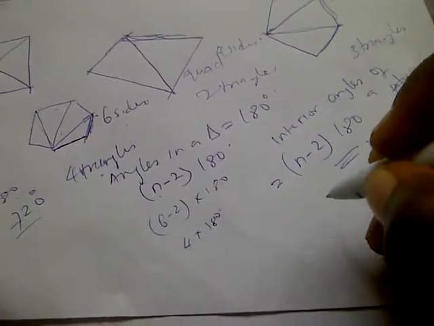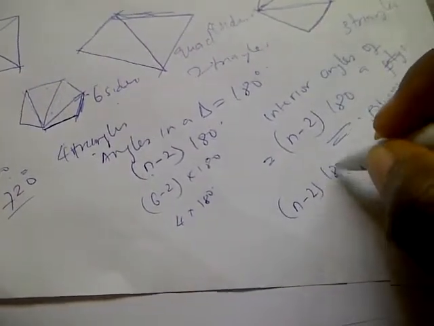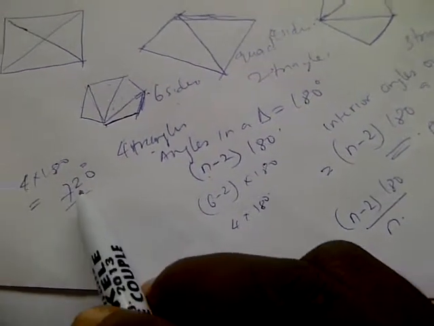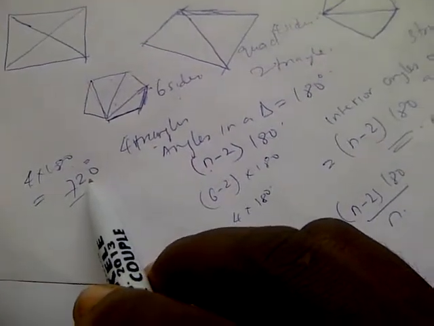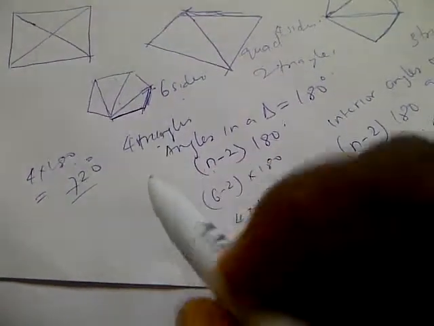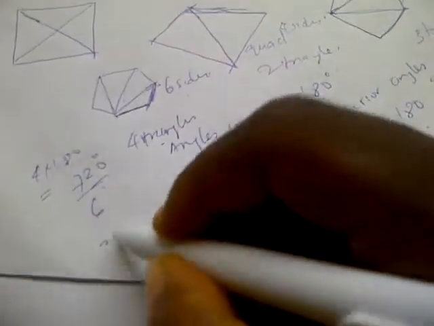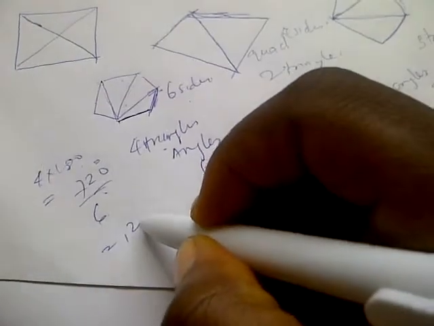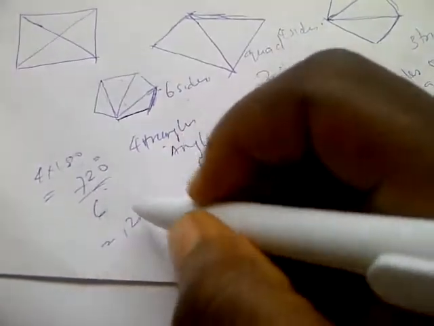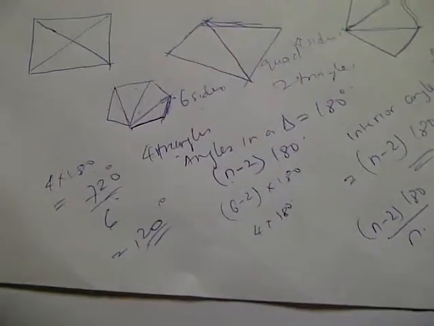If you're asked to calculate each angle of the polygon, it's going to be n minus 2 times 180 divided by n. So when you have 720 degrees as the total angle inside a hexagon, to find each angle you just divide by 6, which gives you 120 degrees.